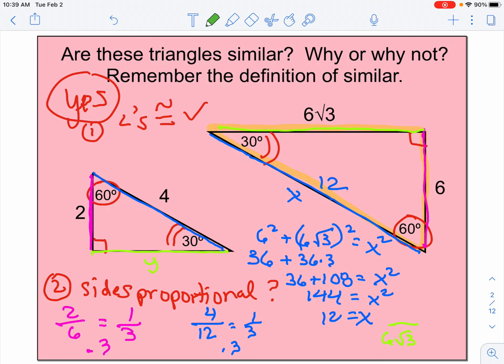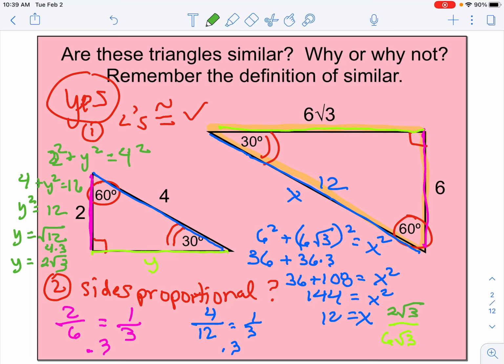So I will take 2 squared plus y squared and set it equal to 4 squared. So this is 4 plus y squared is equal to 16. Subtract and I get y squared is equal to 12. Take the square root and I get y equals the square root of 12, which is 4 times 3, remember? In simplest radical form, y equals 2 square root of 3.